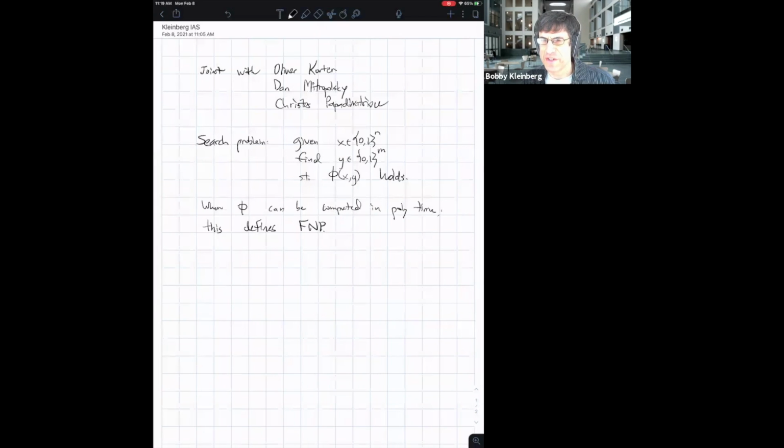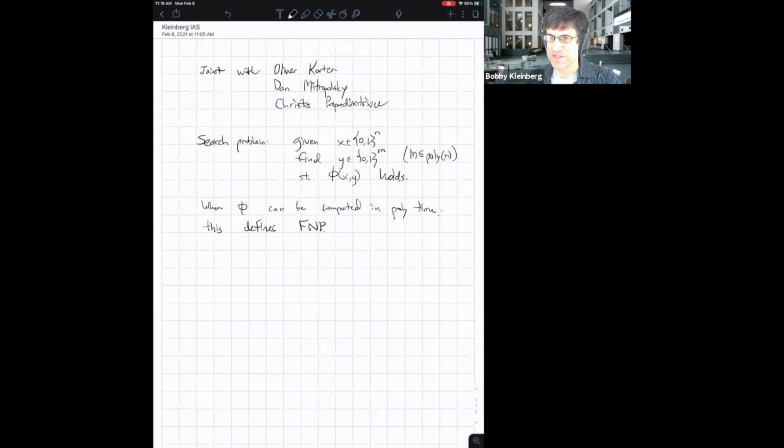The decisional version of NP, of course, asks whether there exists a Y such that phi of xy holds. Here we're assuming that the desired output size is bounded by a polynomial in N. So FNP is just a natural search analog of the decision problems encoded by NP. A typical NP problem is something like, given a graph and a number k, does it have a clique of size k?